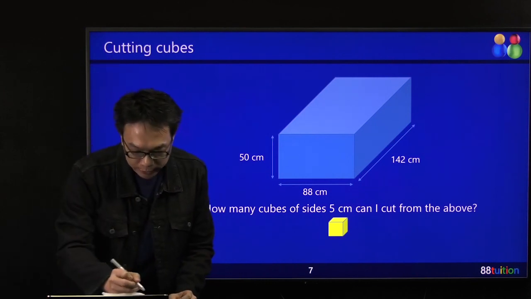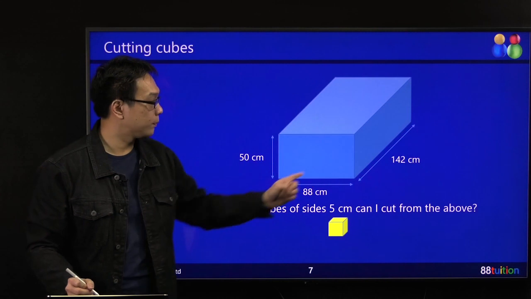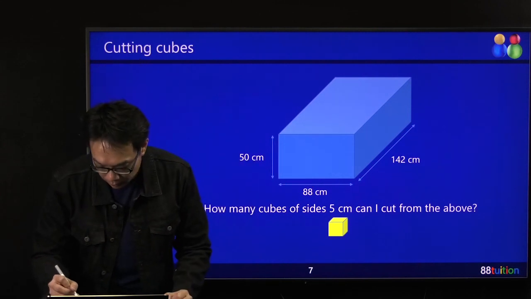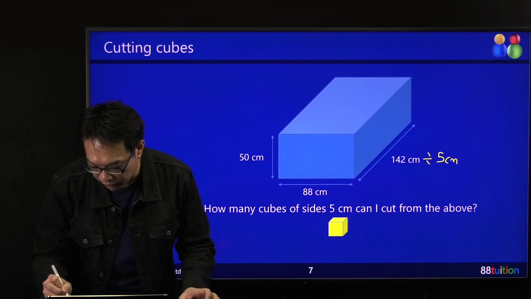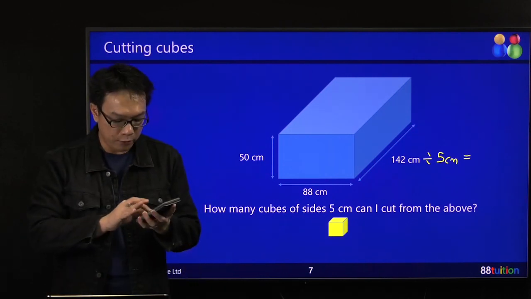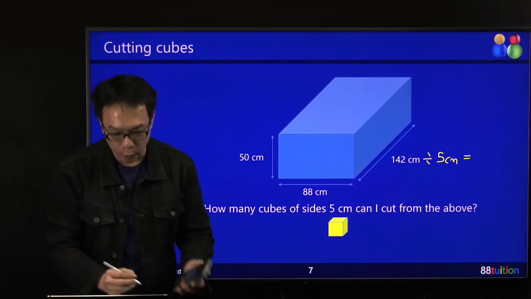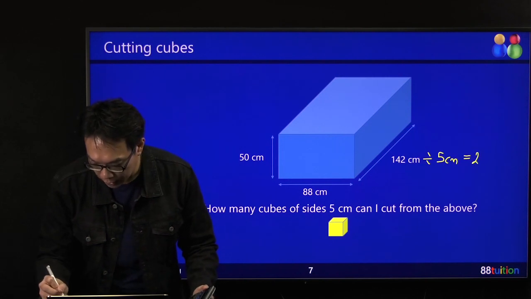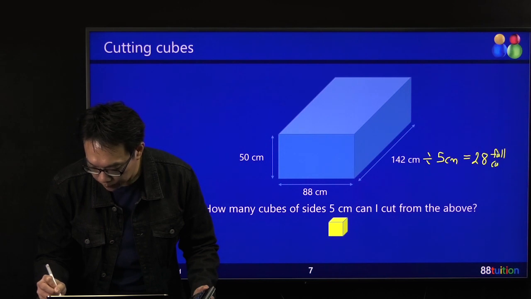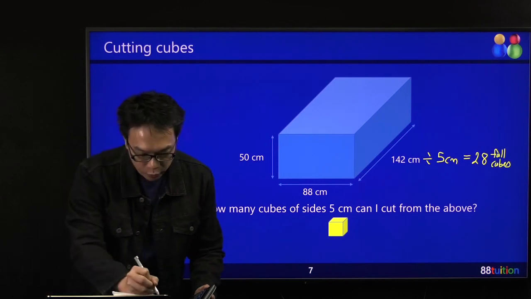Slowly, you take your 142, which is your length. 142 divided by 5 first. Inside your 142, how many 5 cm are there? 142 divided by 5 is 28.4. 28 means 28 full cubes. Then you have to find the remainder.